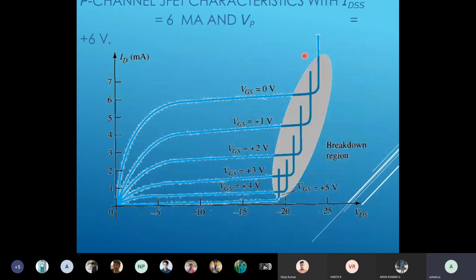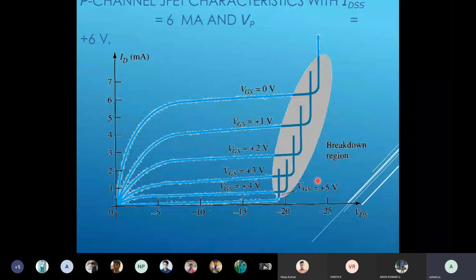And this is the breakdown region. I told you, up to around 18 the transistor will work fine. If it keeps on increasing, breakdown occurs, and once breakdown occurs the current increases maximum. So this is your breakdown region.